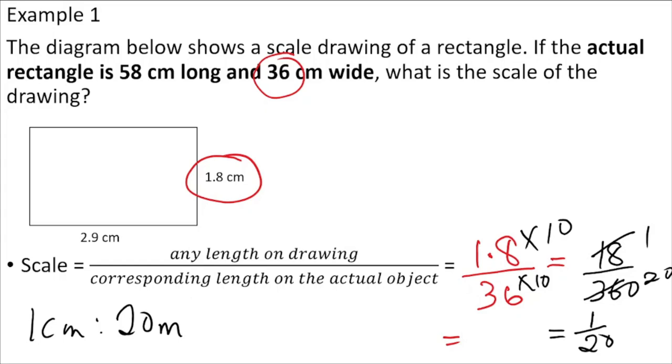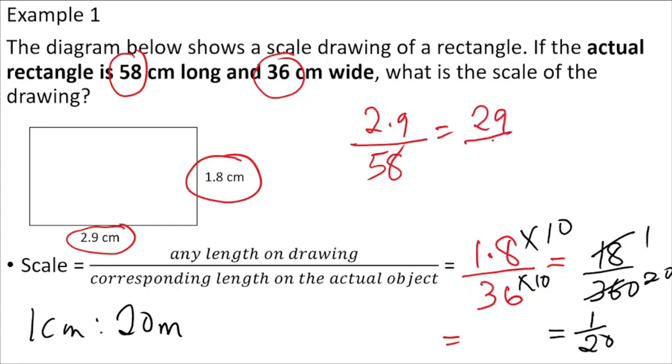And if you pick the length as well, you are going to get the same thing. So let's pick the length here. That is 2.9 over 58. The same thing, that will be 29 over 580. 29 in 58 is 2, so that is 1 over 20 as well.